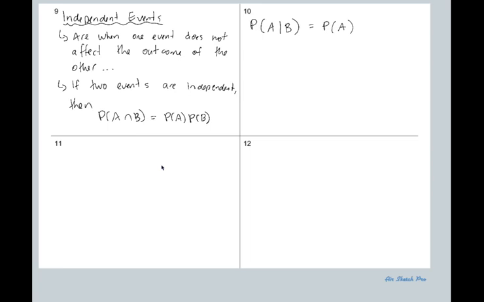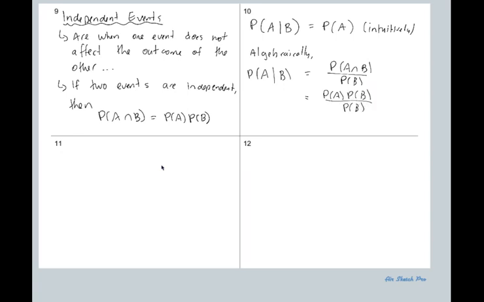It also supports the product rule. That's intuitively. Algebraically, probability of A given B is equal to the probability of A intersect B over the probability of B. But if they're independent, that means it's probability of A times the probability of B over the probability of B, assuming the probability of B is non-zero.